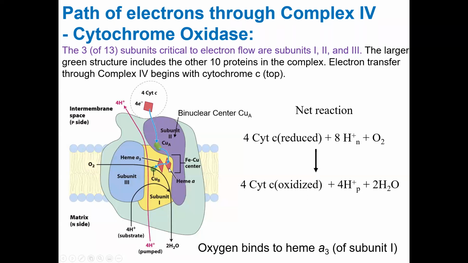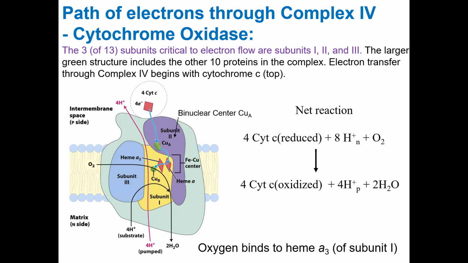This center in subunit 1 is what we call the iron copper center. You can see here the iron copper center. There is a copper B in green here in subunit 1, and then they are showing you Heme A. So electrons will make their way from copper A to Heme A of the iron copper center.